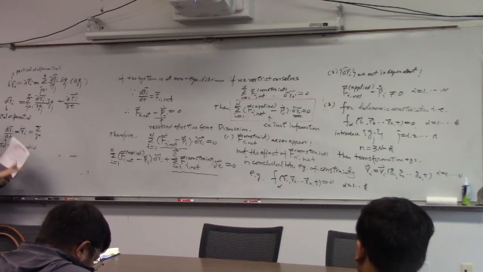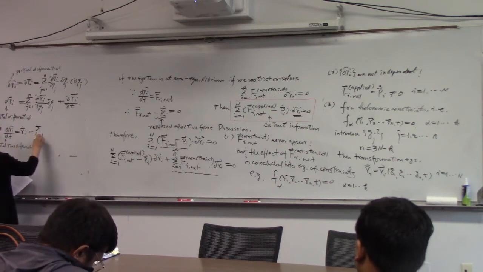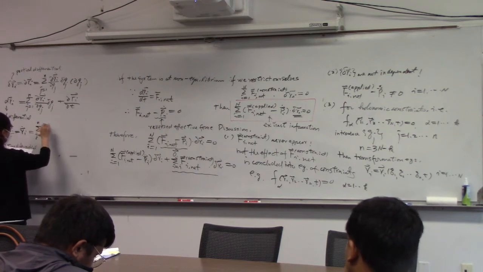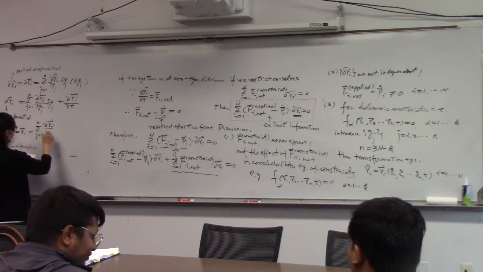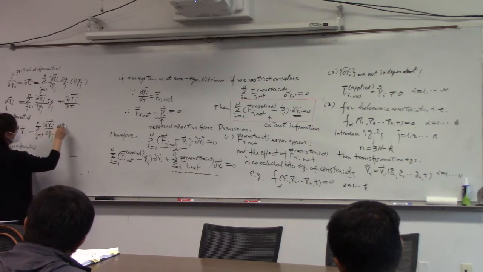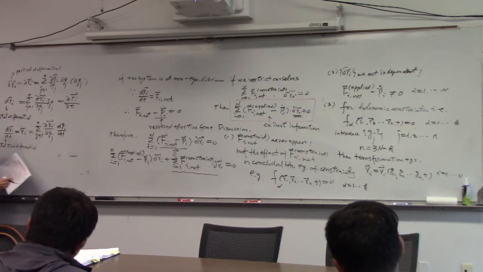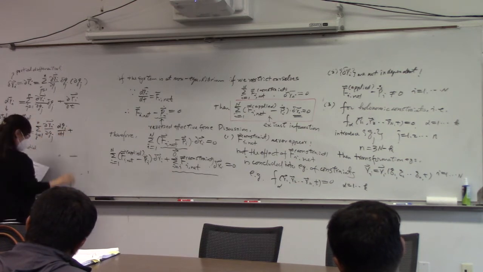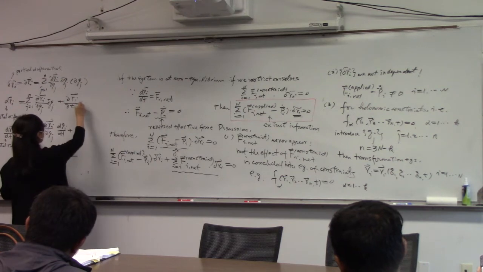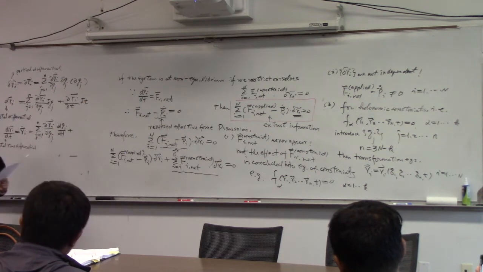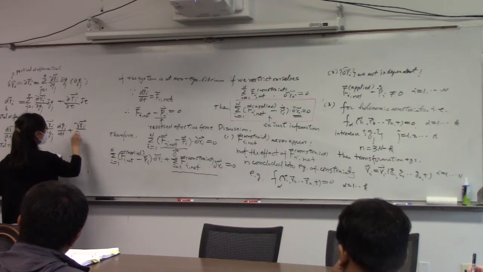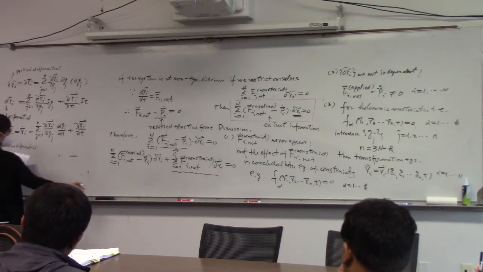But later, if we have a conflict, we are going to use another. So from 1 to n, and then partial Ri, partial Qj, dQj dt, right? And plus this one. I think I forgot this one, right? So that is partial Ri, partial t.